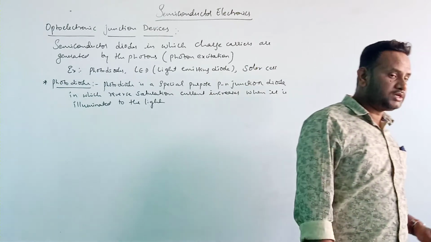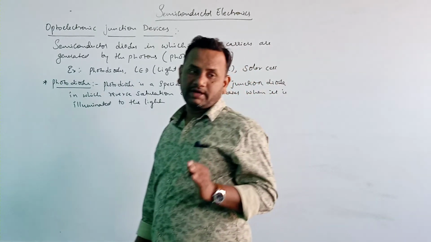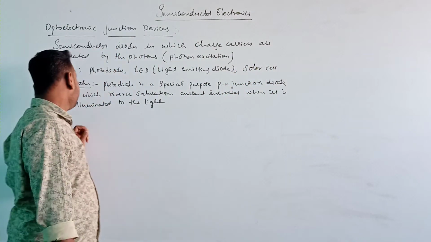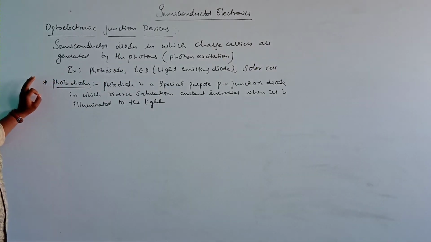When it is illuminated to some high frequency of light, then such a device is called a photodiode.